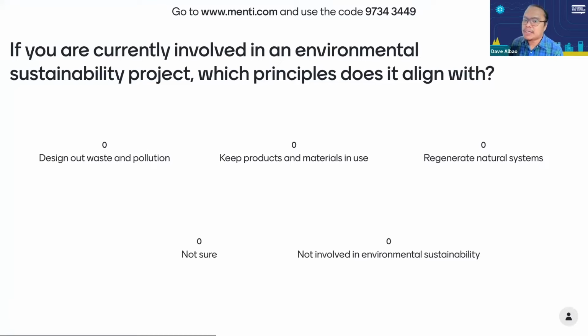Let's open our browsers and point to menti.com, 97343449, and we are seeing answers coming in. Are your projects aligning with the principles of circular economy? So if your projects are designing out waste and pollution or regenerating natural systems, and if you're not sure, if you're not involved in any environmental sustainability project, there are also options for those.